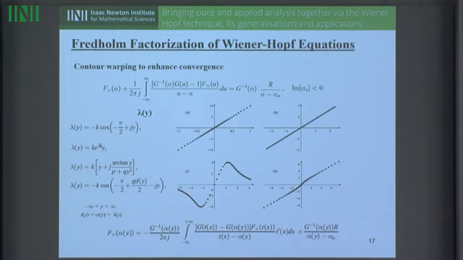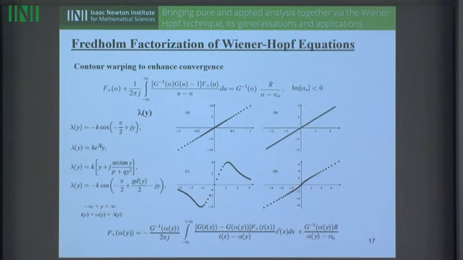And then here we have another contour warping that also skips the closeness of singularities in the second and the fourth quadrant, which can be, in particular, the propagation constant, and here we have another fourth contour warping.